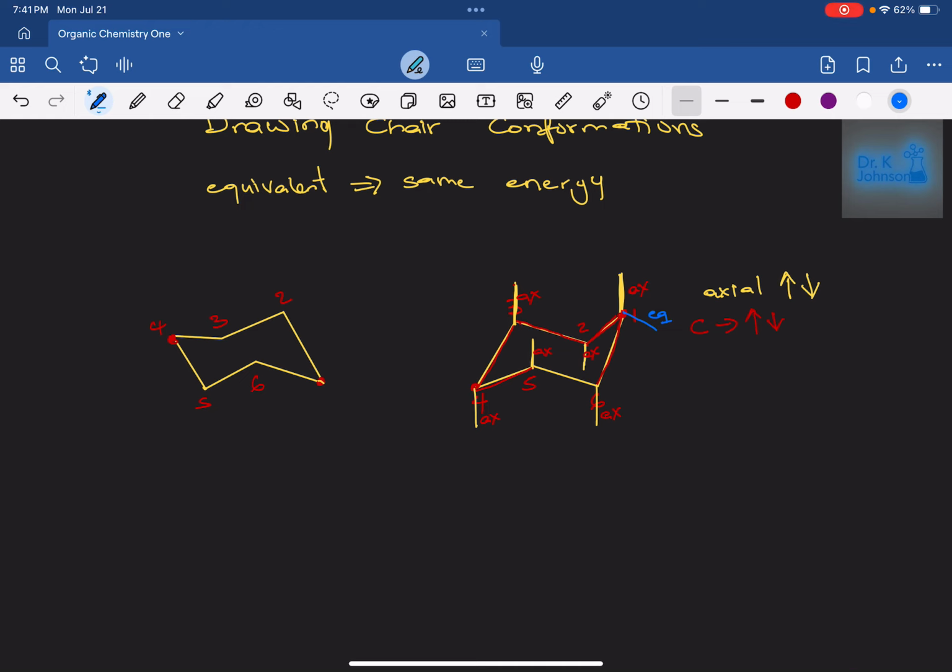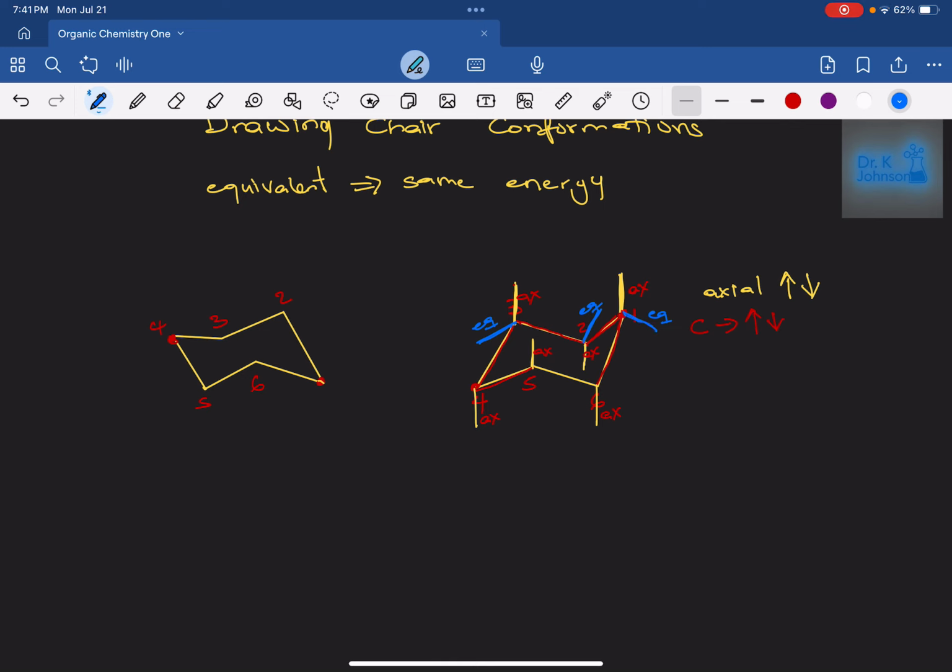It has to be down because your axial bond is already in the opposite direction, right? And I'll show you on a ball and stick in a second. If we look now at carbon 2, our equatorial bond is up. It's up like that. Here it's down. So this is equatorial down.